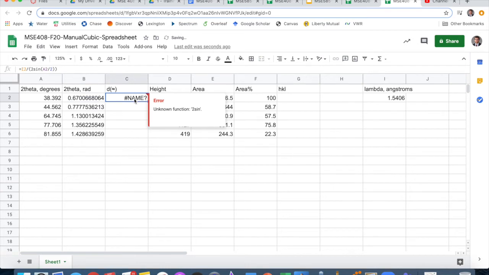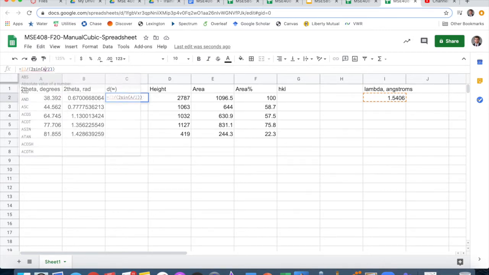All right. And then let's go ahead and go back here and change it, instead of using degrees, we'll now use the one with the radians. So let's see how that works out. There we go.